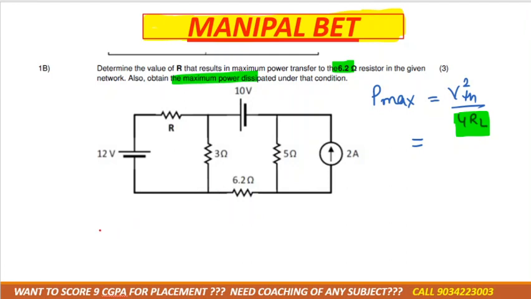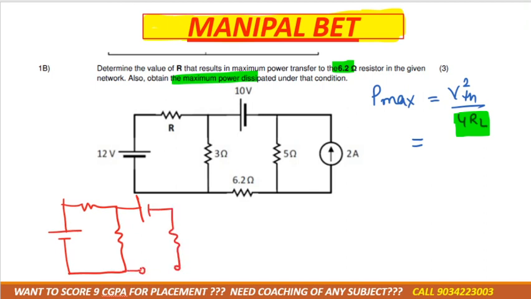Yes or no? VTH would be equal to VAB. We have to open circuit RL. The diagram looks like this or not?